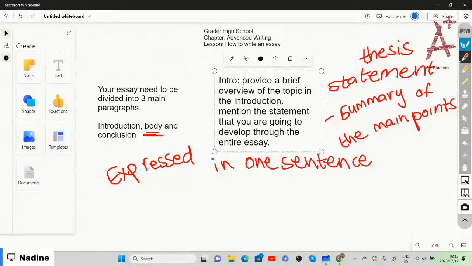Your body can be one, two, or three paragraphs, depending on the number of words you need to write or how your teacher wants you to express yourself. And the conclusion is basically a brief of what you had discussed in your body, and it also links with what your topic is about.